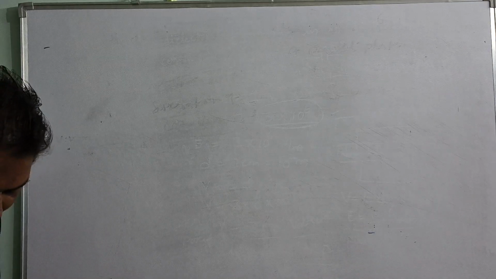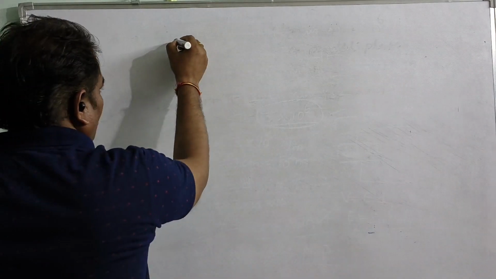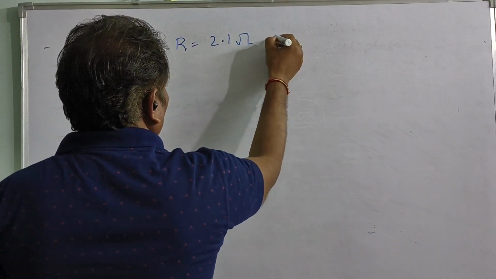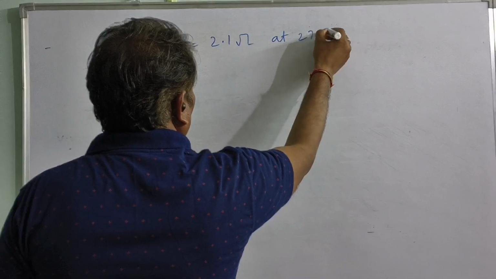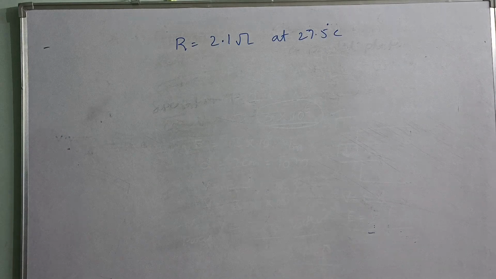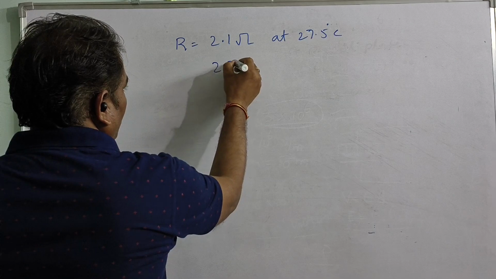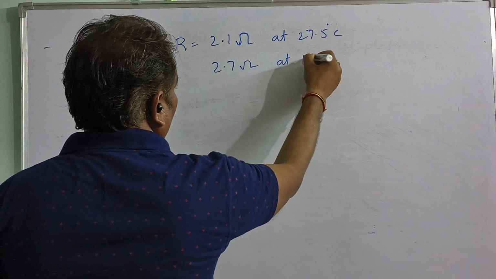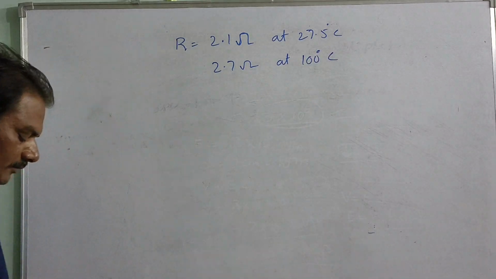Next, a silver wire has a resistance of 2.1 ohm at 27.5 degrees centigrade, and a resistance of 2.7 ohm at 100 degrees centigrade.